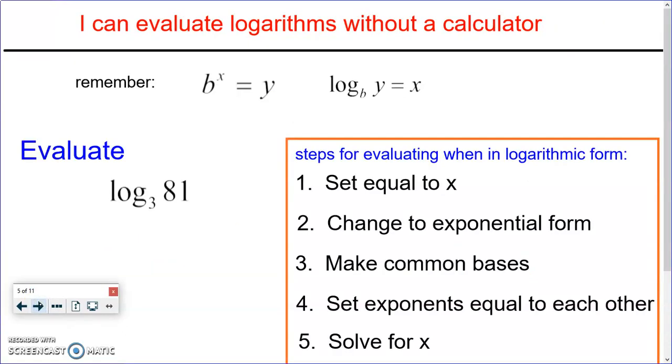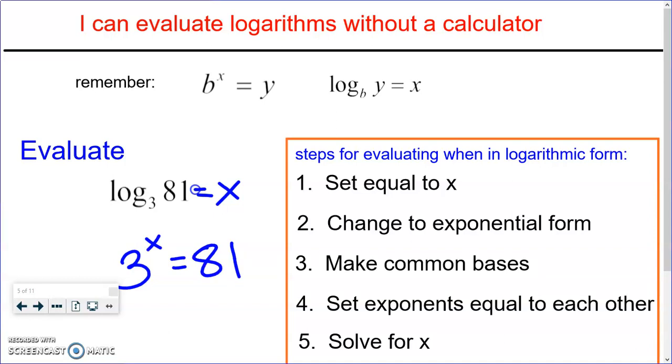So now we're going to evaluate logarithms, and we don't need a calculator to evaluate these problems. We have our steps written right here, so step 1, set equal to x. Step 2, change into exponential form. That's what we just did. So our base 3 to the power of what's on the other side equals 81. So 3 to the x equals 81.